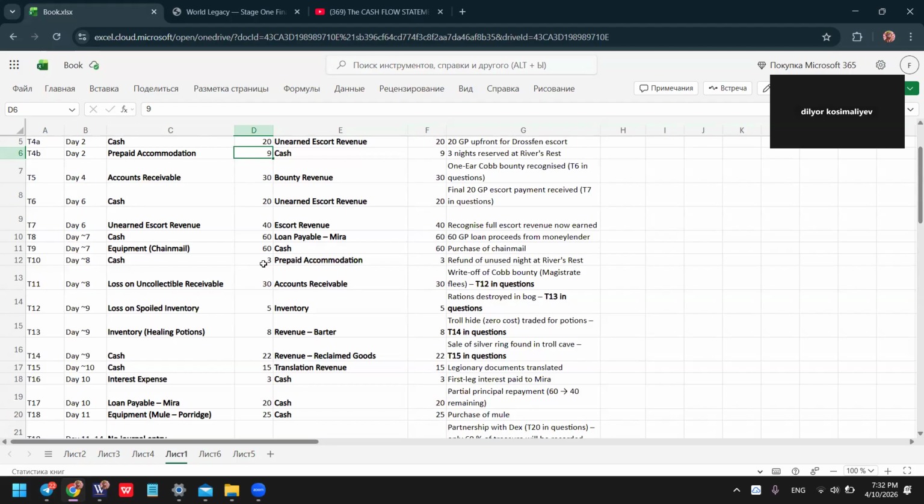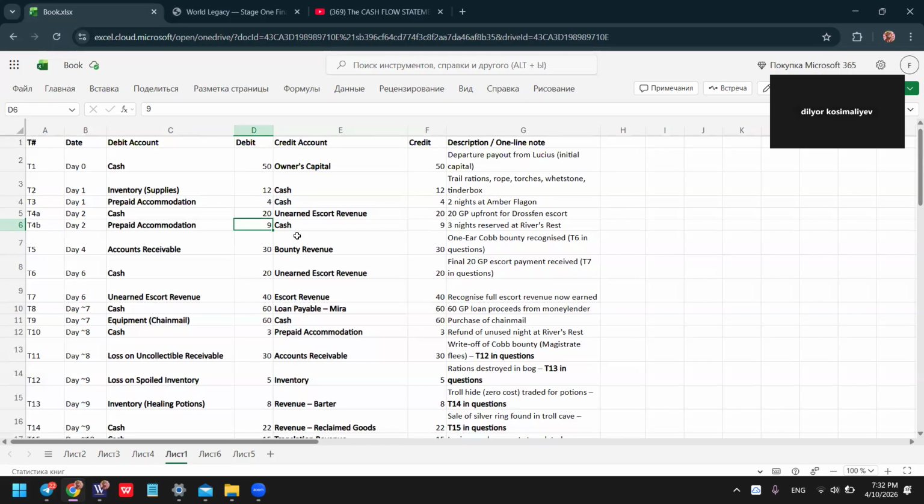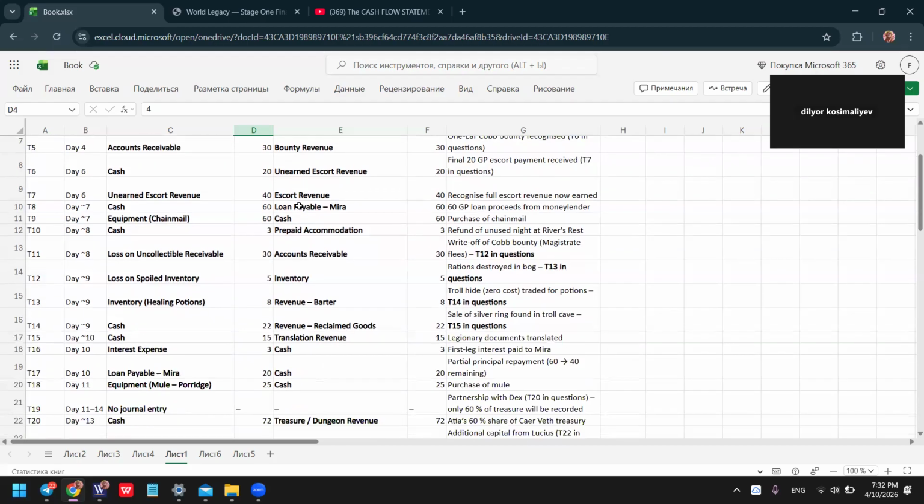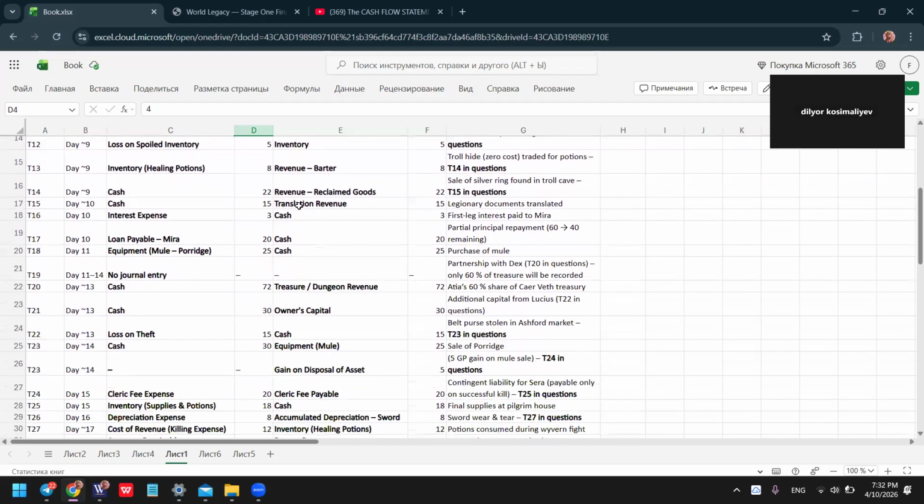And then she stayed for 2 nights, per 2 golden pieces per night, and here somewhere.